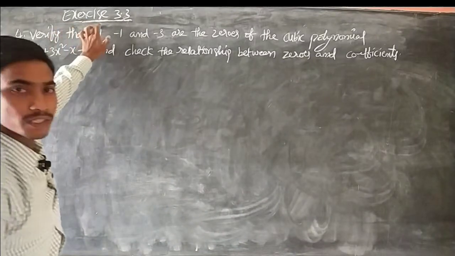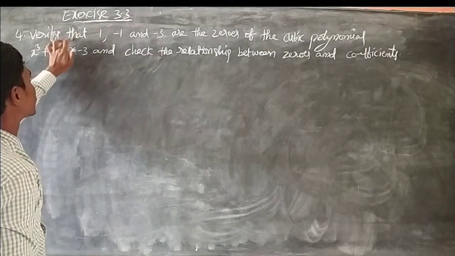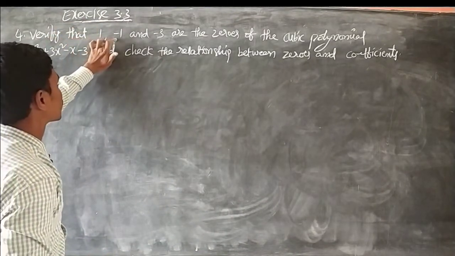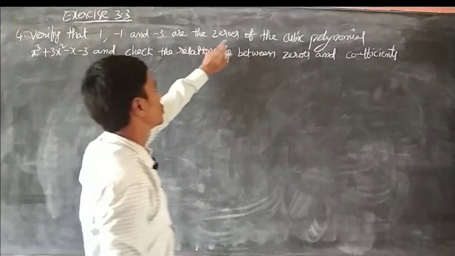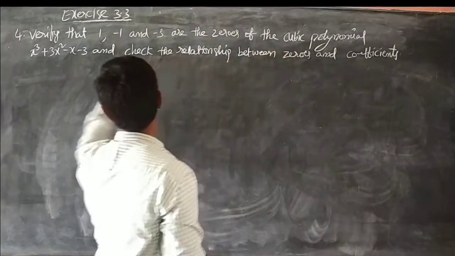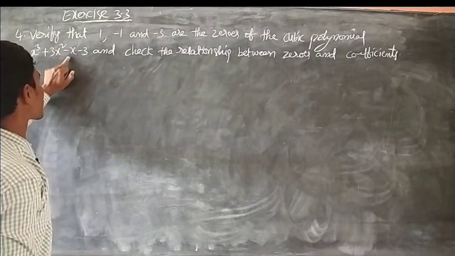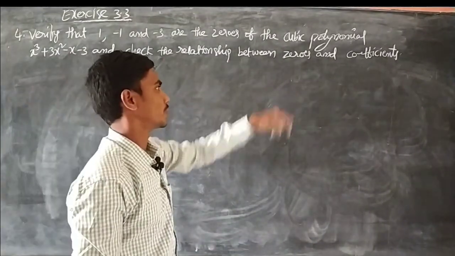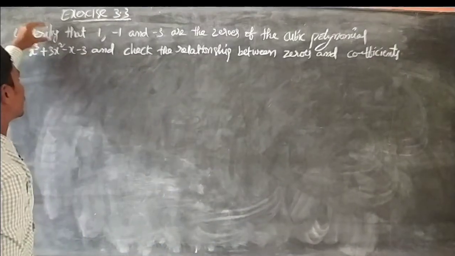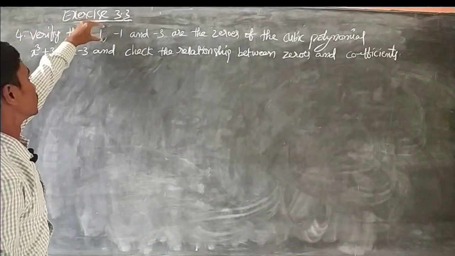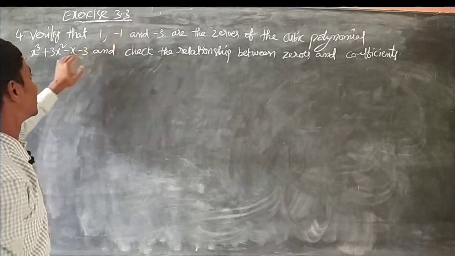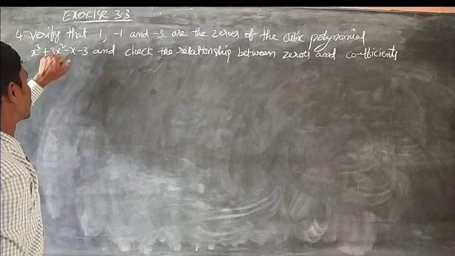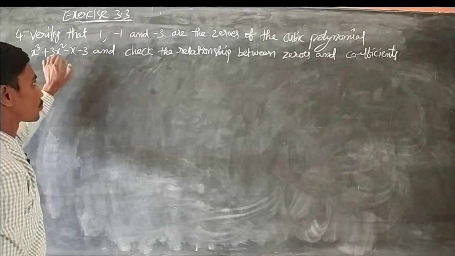From exercise 3.3, the fourth question is: verify that 1 comma minus 1 and minus 3 are the zeros of the cubic polynomial x cube plus 3x square minus x minus 3, and check the relationship between zeros and coefficients. First of all, we need to verify whether the given zeros are the zeros of exactly this expression or not.